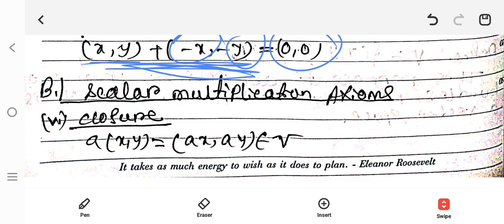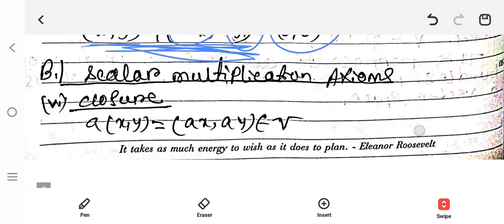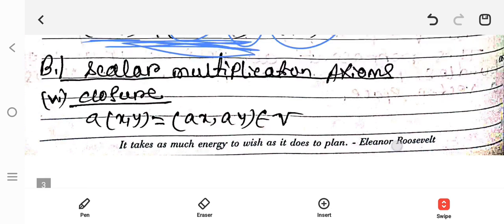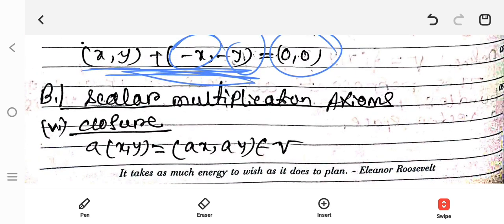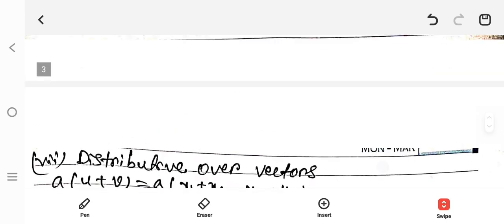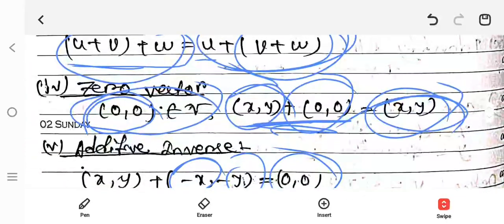And number five is the scalar multiplication axiom. The sixth property is closure. Under the multiplication axiom there is also this closure property and the distributive property over vectors.